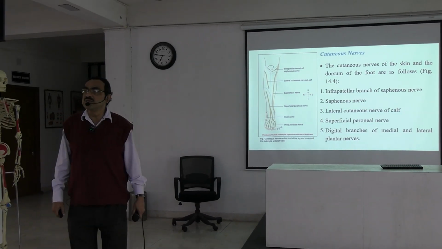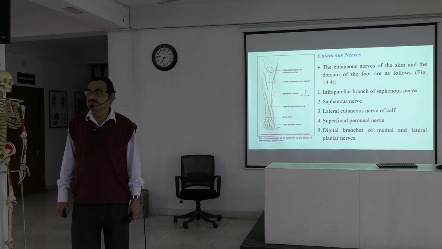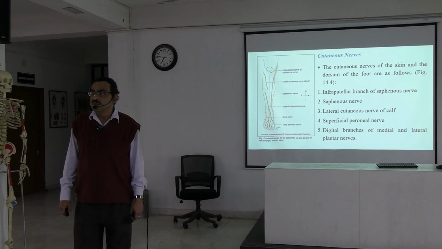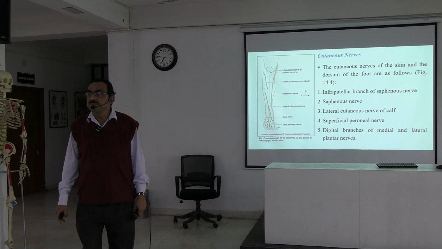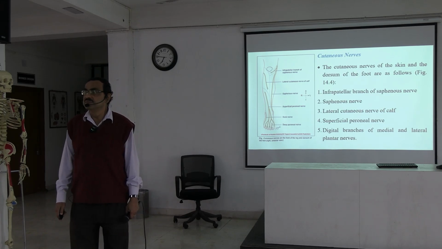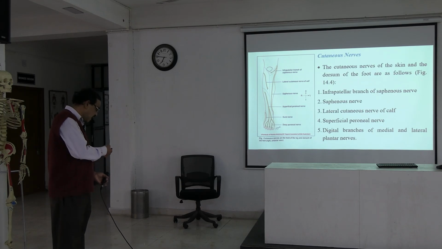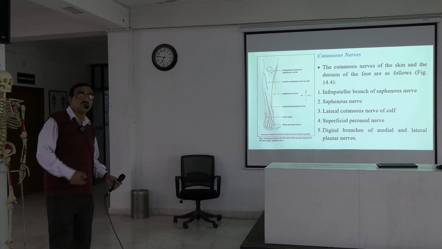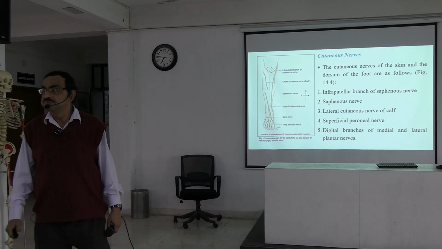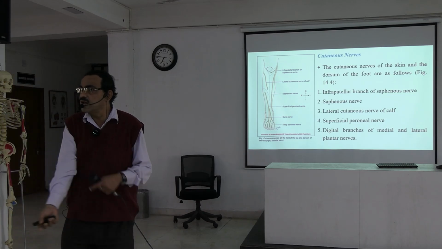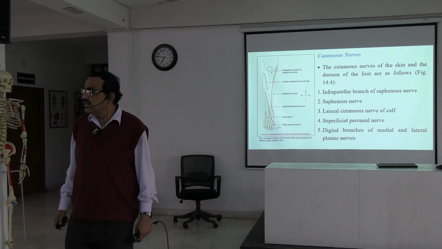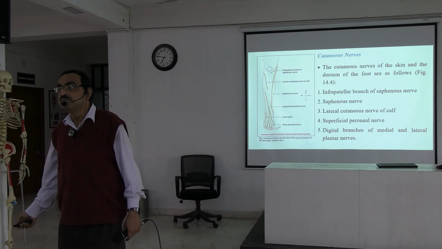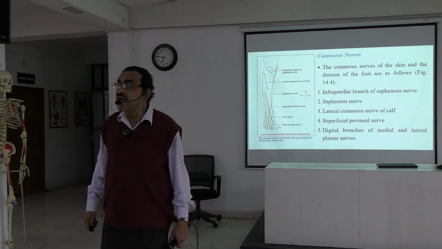Now about the cutaneous nerves. In the lower part of the leg, there is one nerve we can find which is called the superficial peroneal nerve, which is also called the musculocutaneous nerve. We have seen the musculocutaneous nerve in the upper limb, which supplies the biceps brachii and brachialis muscle.